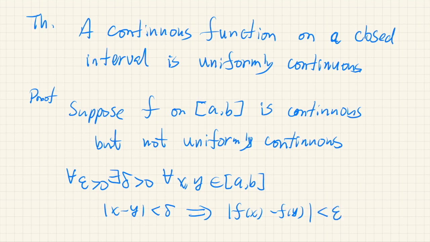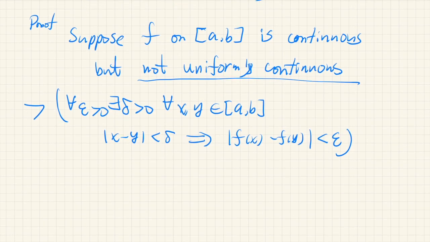Okay, so now we assume that is not true. So that means we negate this statement. If we negate this statement, that is equivalent to this. For all becomes there exists some epsilon that is positive, and there exists becomes for all.